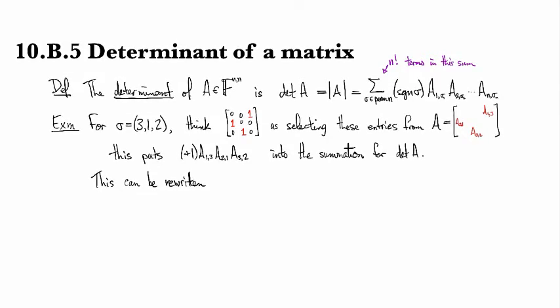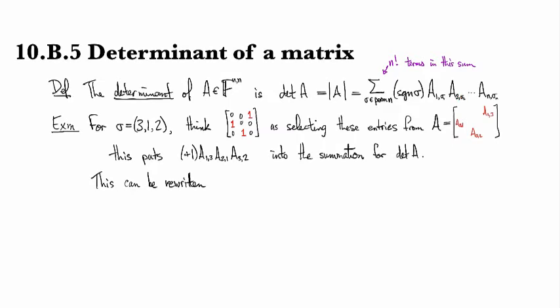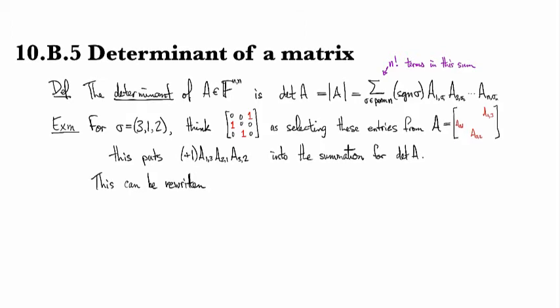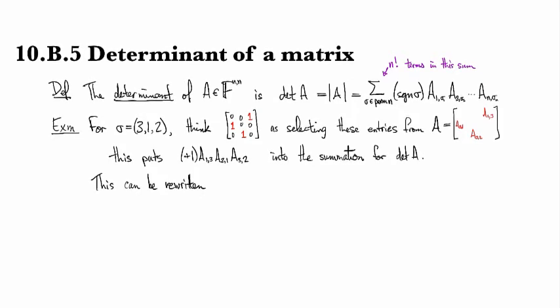The way that I wrote it here, I have the sigmas appearing as the second index. The book has it appearing as the first index. This makes it slightly more natural to explain something that I want to show, but since it's being summed over all permutations, it actually doesn't make a difference. They're equivalent, and that's what I want to explain right now, how it doesn't matter if the sigma appears in the first or second index.